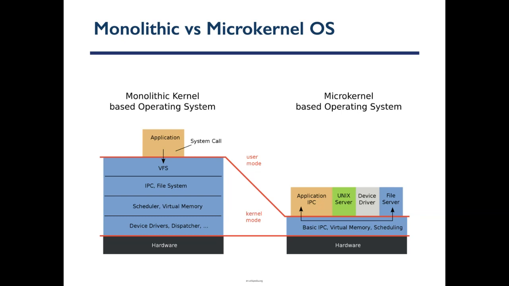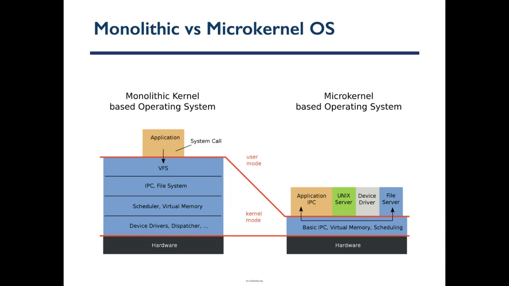Good. Okay, so when your kernel is huge, there is a higher chance of a fault happening inside. And if you have a kernel that is faulty, well, your entire system is compromised. So people started thinking about making the kernel the bare minimum that you really need: basic inter-process communication, basic virtual memory, basic scheduling, and then bring every other functionality out into the user space.